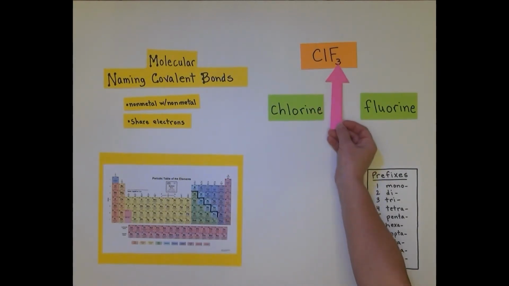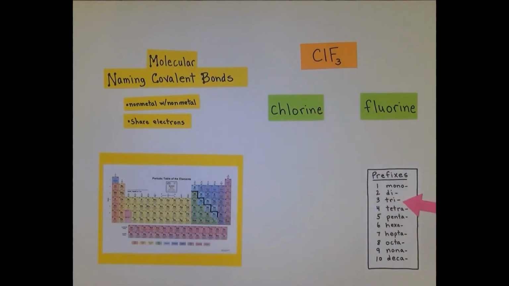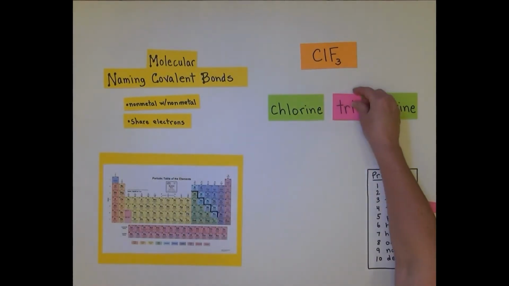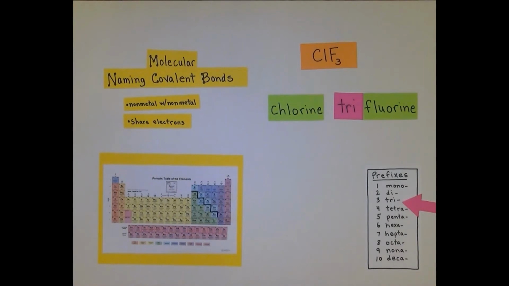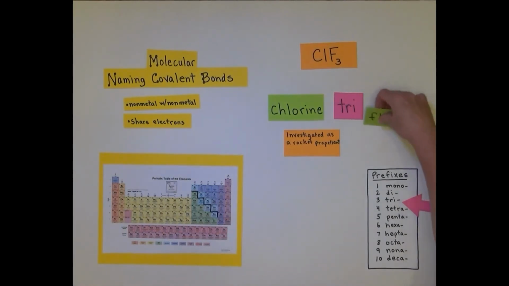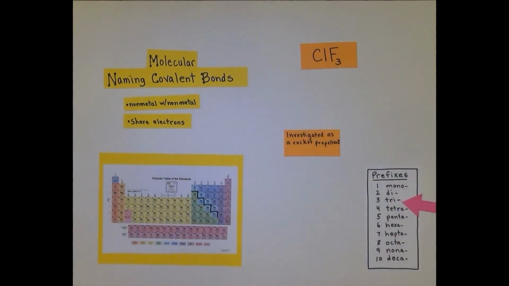So we go on to the next one, and there's 3, and that is tri. So we put tri in front of fluorine, but we also need to make sure that we change that ending to IDE. Okay, so this is chlorine trifluoride. This was investigated as a rocket propellant, but it's poisonous, so it's never actually been used as a rocket propellant. So hopefully you're getting the hang of how to name these covalent bonds. And let's try another one.